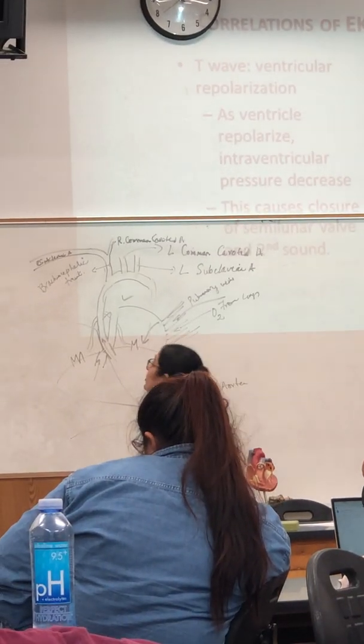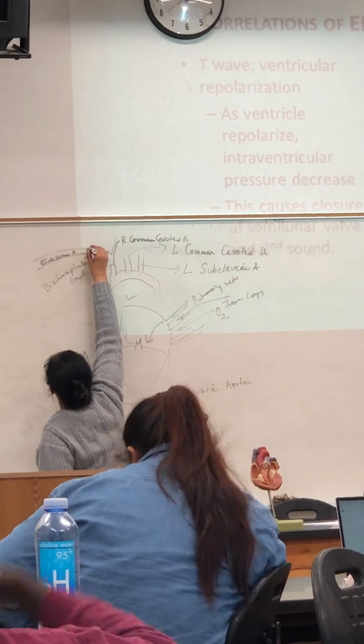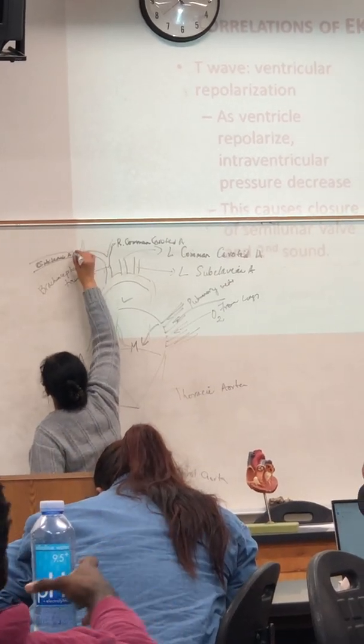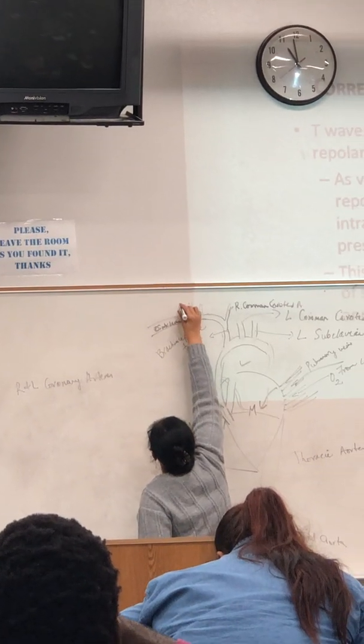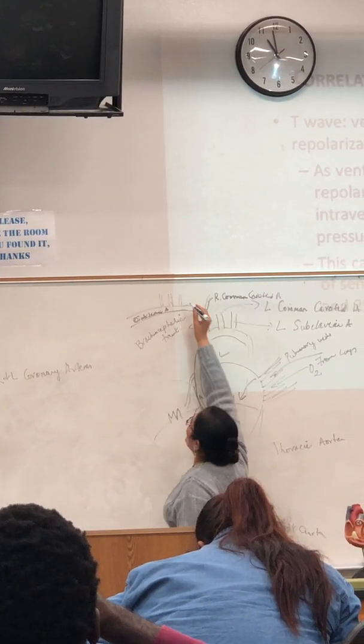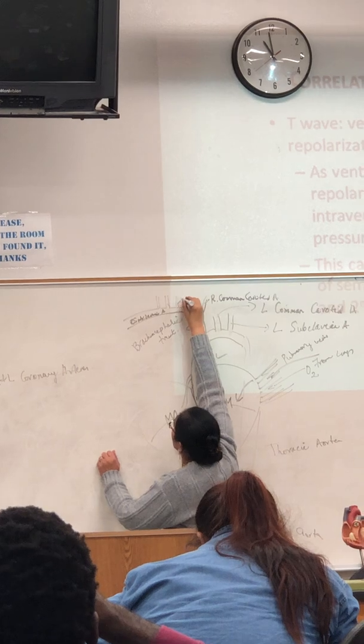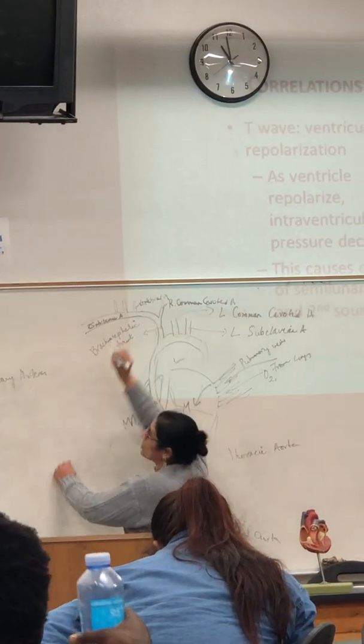Then from the right subclavian artery, you have 3 branches that are going out. So this one is known as the vertebral artery.